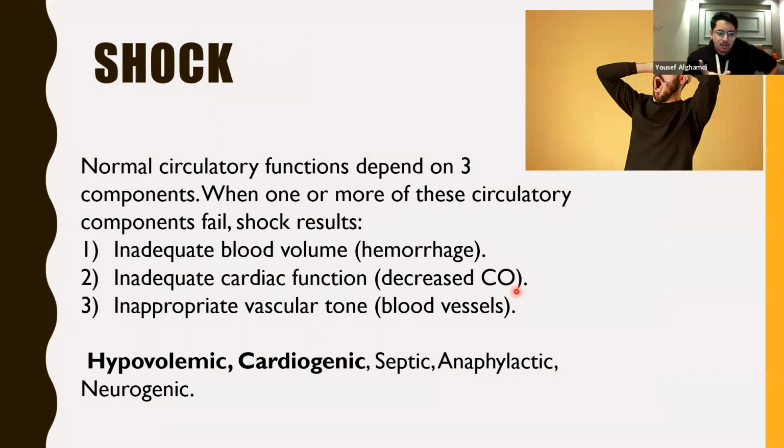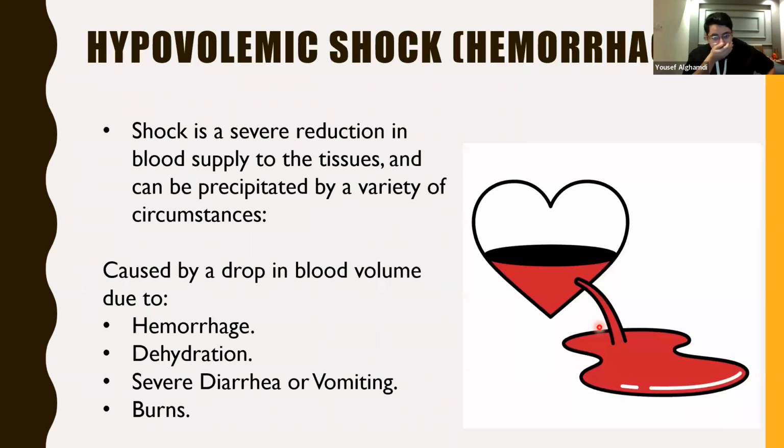So we're going to be talking about these different types of shock: hypovolemic, cardiogenic, and those types of shock. And these are the three things that rely on whether a patient gets shock or not. So if there's inadequate blood volume, or inadequate cardiac function, or inappropriate tone of vascularity, right?